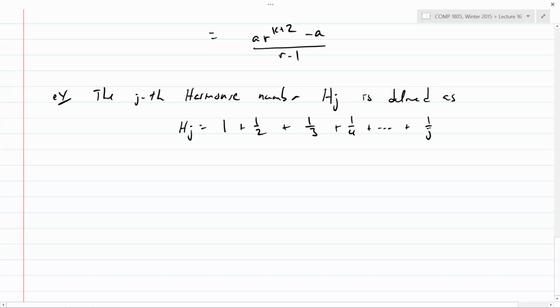That's the jth harmonic number, where j is at least 1. Okay, those are what the harmonic numbers are. You add up all the reciprocals.